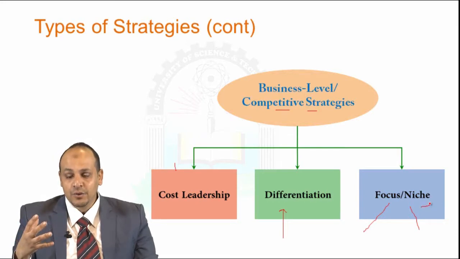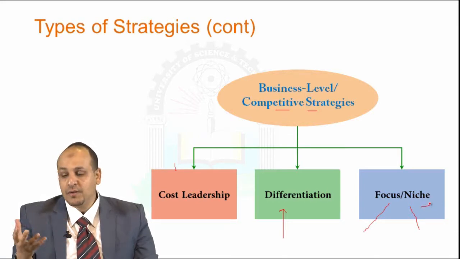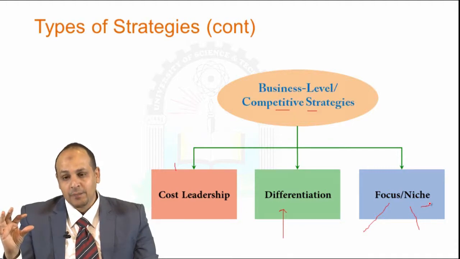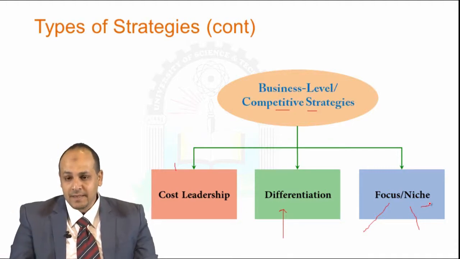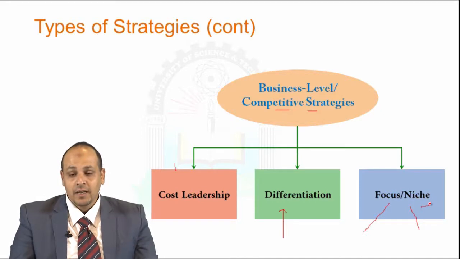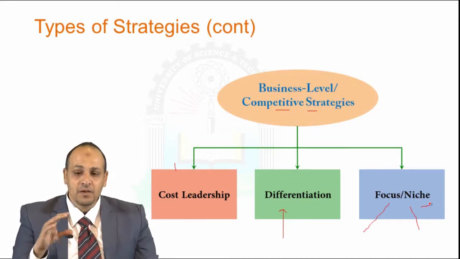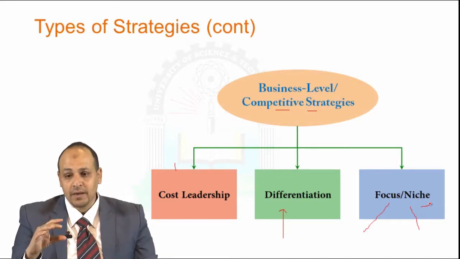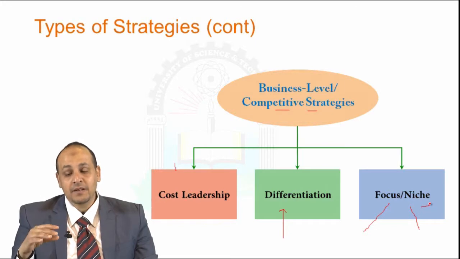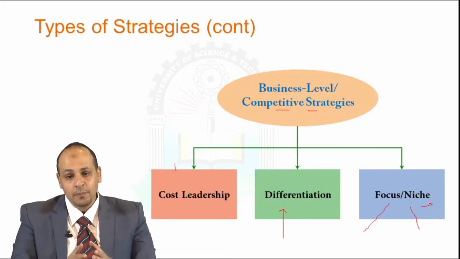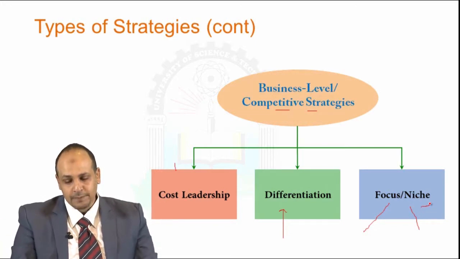So the company will try to serve such a segment in the market. At the same time, you have different examples of niche markets. We may talk about special kinds of food, special kinds of clothes, special kinds of educational programs. These are all examples of niche markets. If the company focuses on such segments within the market, it might be a better solution than competing in the whole market.